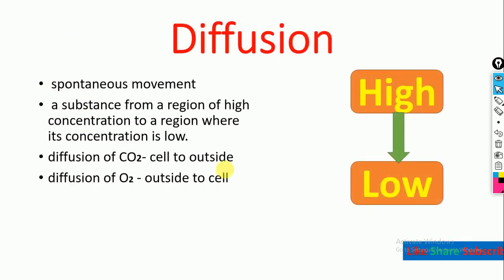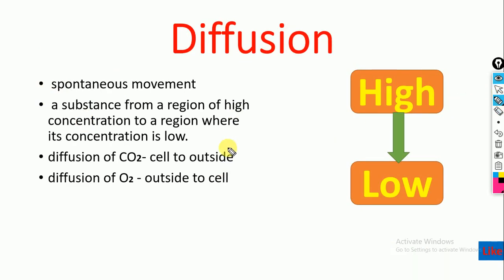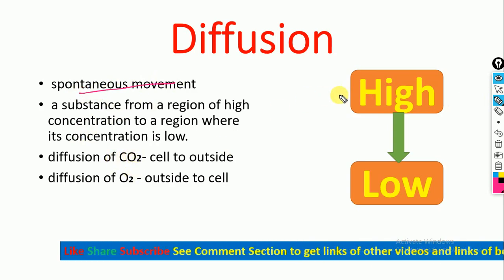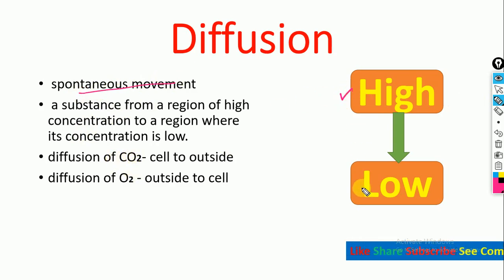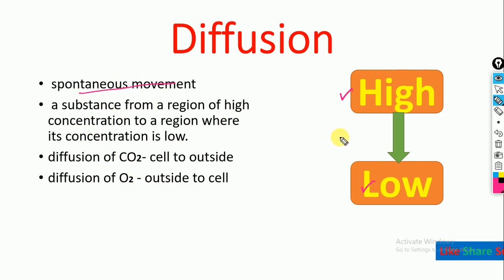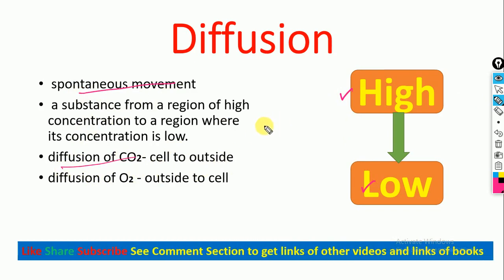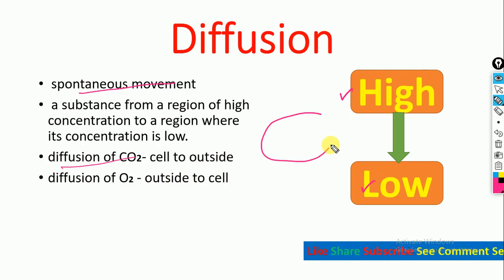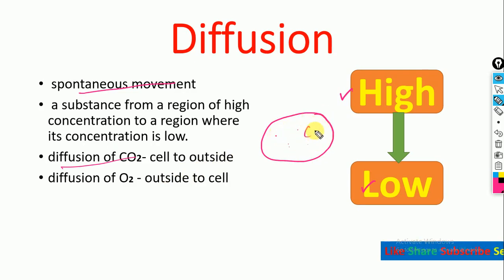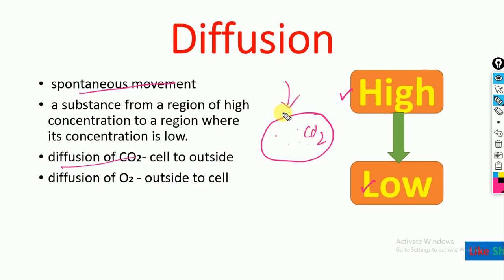Now diffusion. First of all, it is the spontaneous movement of any substance from a region of high concentration to a region of low concentration. In the case of diffusion of CO2, we know that CO2 is produced within the cell, so the concentration of CO2 within the cell will be more compared to the external environment.